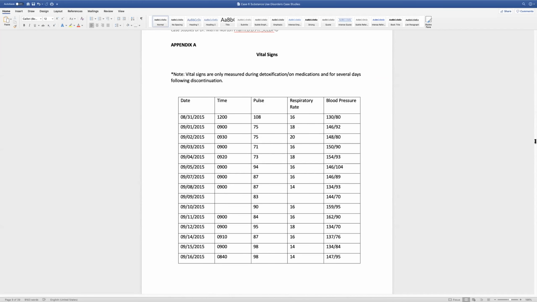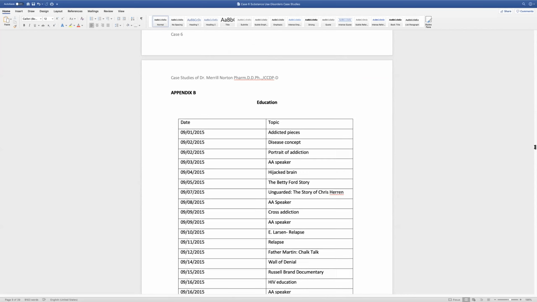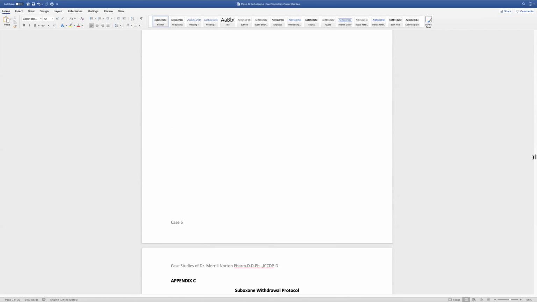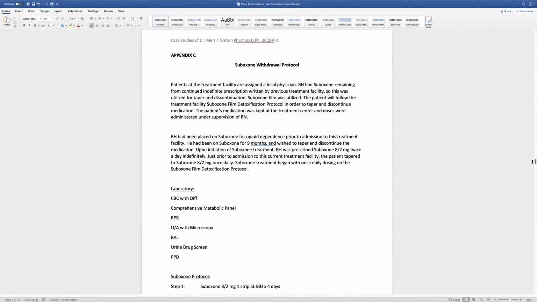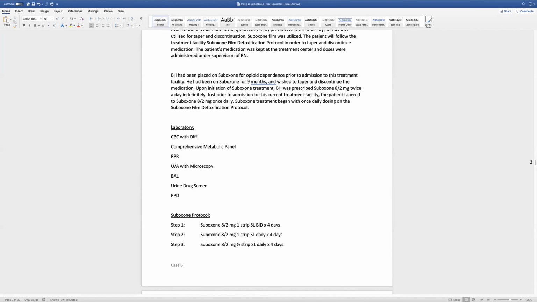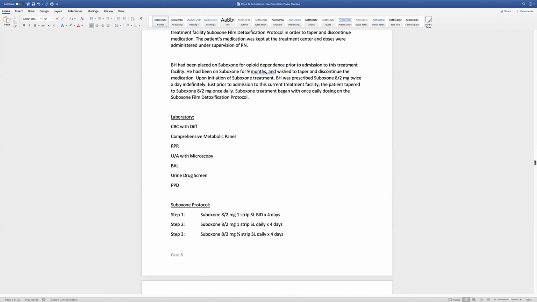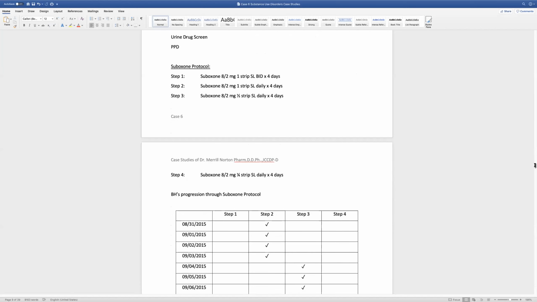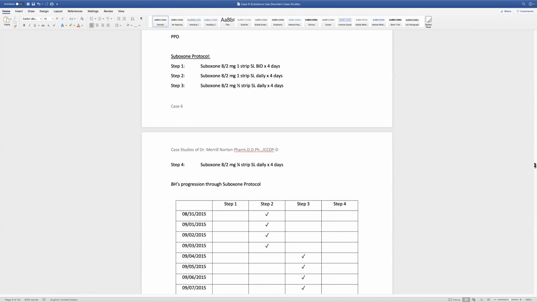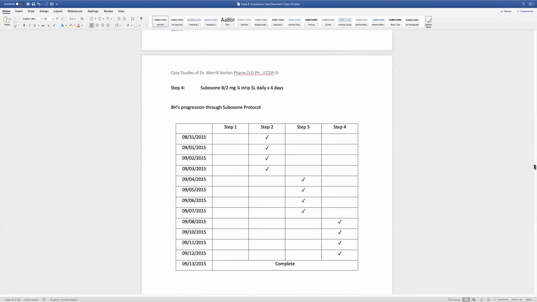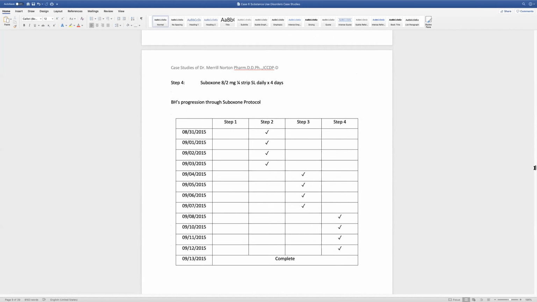And of course, this is where we showed you the detox. And the thing about it is, these are actually what he did as far as treatment. And this is his detox and his schedule and what we do with the protocol, and which levels we had the progression with first step, second step, or third step.